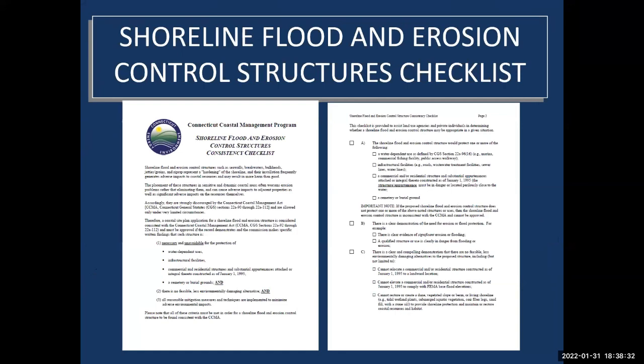With the energy that hits the wall and disperses that, we often see impacts to the resources right in front of the wall. We see impacts to the neighbors on either side. And again, the test is that they have to be absolutely necessary and unavoidable for certain uses: water dependent uses, infrastructure like a sewer line or a road, or commercial residential structures that were built before 1995.